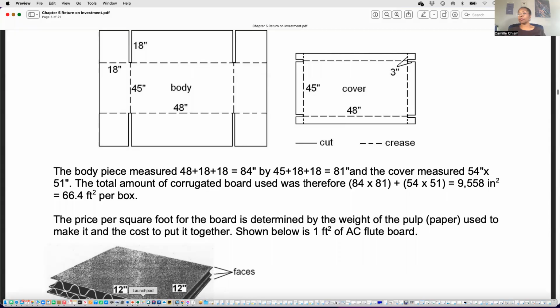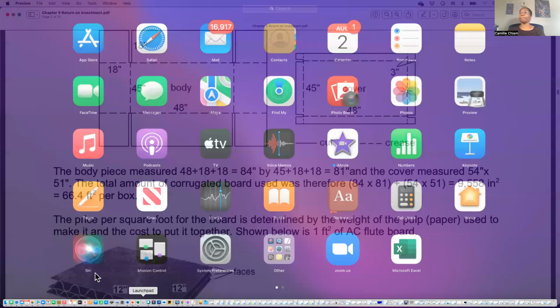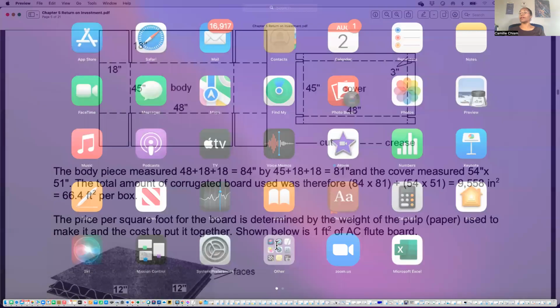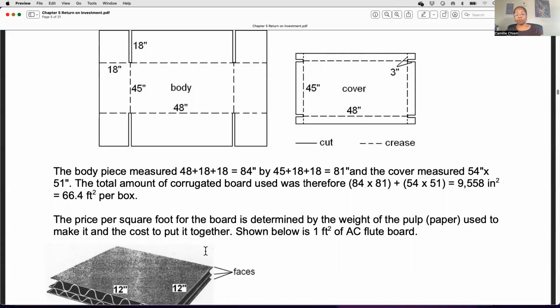So let me get my little calculator out. Okay, so we're going to take the 9,558 divided by 144. Okay, so we get to 66.375. So how did I do that?